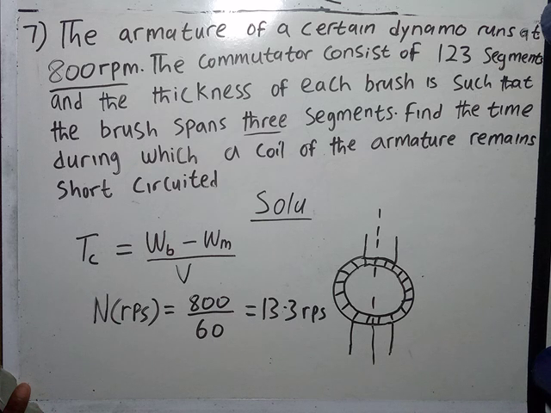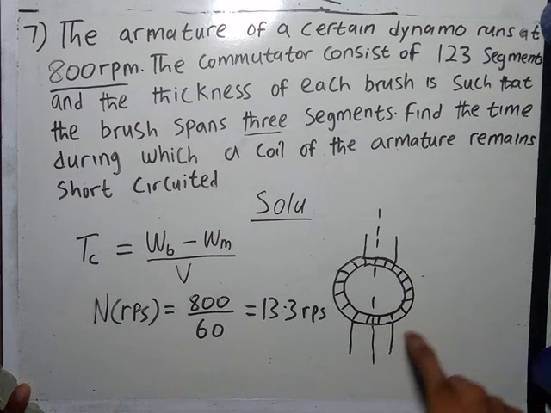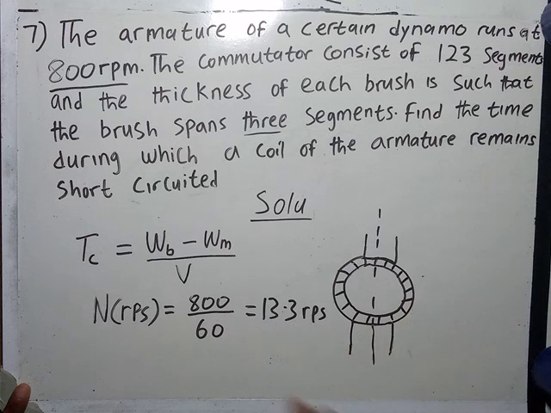So we're multiplying the whole number of segments by our speed that is now in revolutions per second, in order to express our speed or velocity in terms of segments per second.